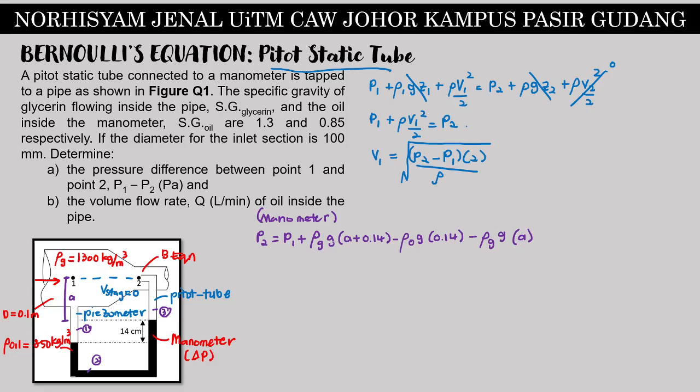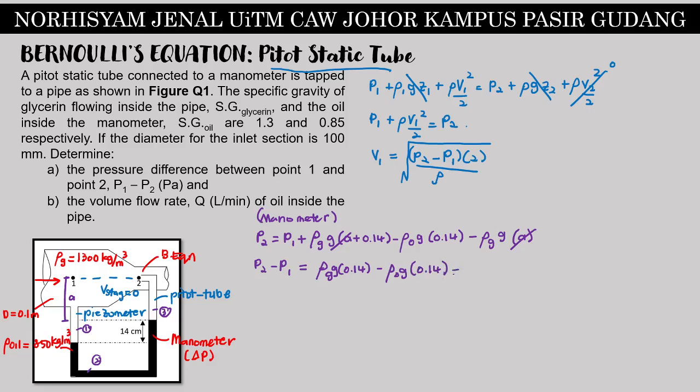You can see from here this G and A is positive here, this one is negative, so this can be cancelled out because both of them are for glycerin. So you will get P2 minus P1 is equal to rho glycerin G times 0.14 minus rho oil G times 0.14.